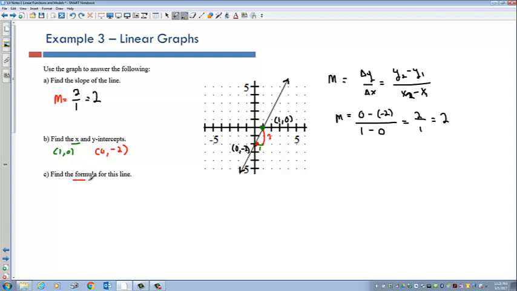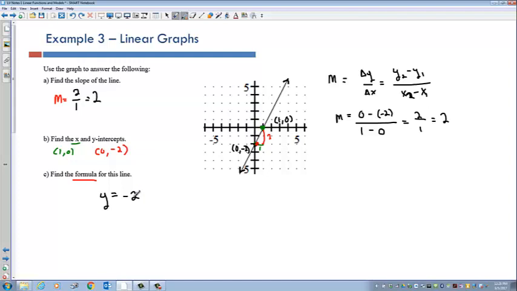And then to find the formula for this line, I can use my intuition to try to understand what the formula would be. And in a minute, I'll give you a way to find the formula using formulas, y equals mx plus b. But intuitively, the idea is my output is equal to, well, at 0, you start at -2. So I'm going to start at -2. Remember, the idea of a linear function is you have a constant rate of change. So basically, you're adding the same number each time.